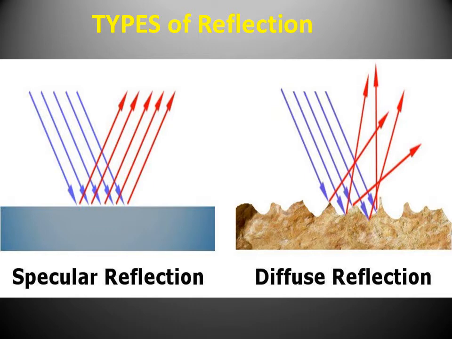There are two types of reflection. We have the specular reflection and the diffuse reflection.